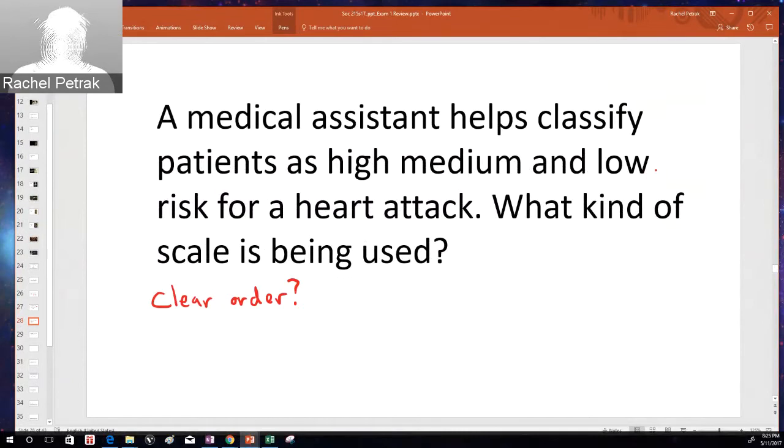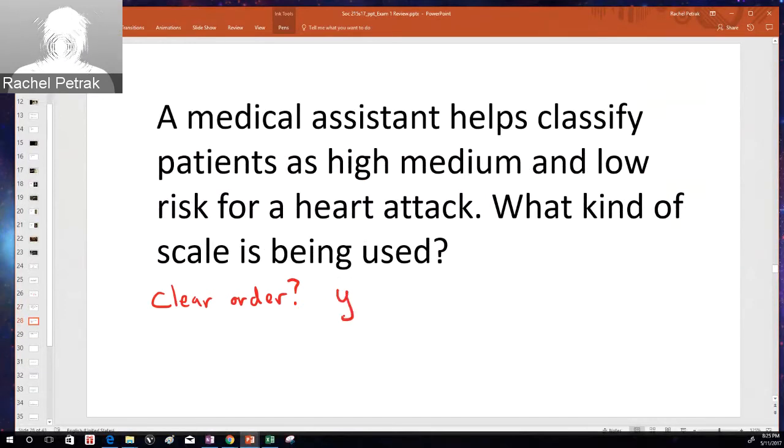If I mixed these up and instead they were listed high, low, or medium, we would all find that to be incorrect. I wouldn't have to even explain it to you, but you would already know, oh, those are not listed in the right order. They're supposed to go either low, medium, high, or high, medium, low. There's an order inherent here.